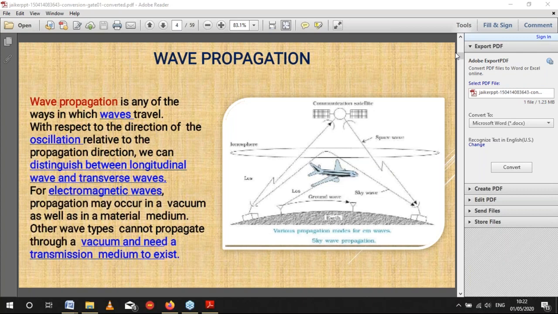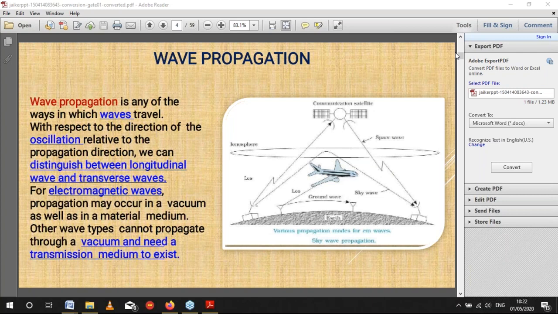We can distinguish between longitudinal waves and transverse waves for electromagnetic waves. So we can tell the differences between a longitudinal wave and a transverse wave. Propagation may occur in a vacuum as well as in a material medium.